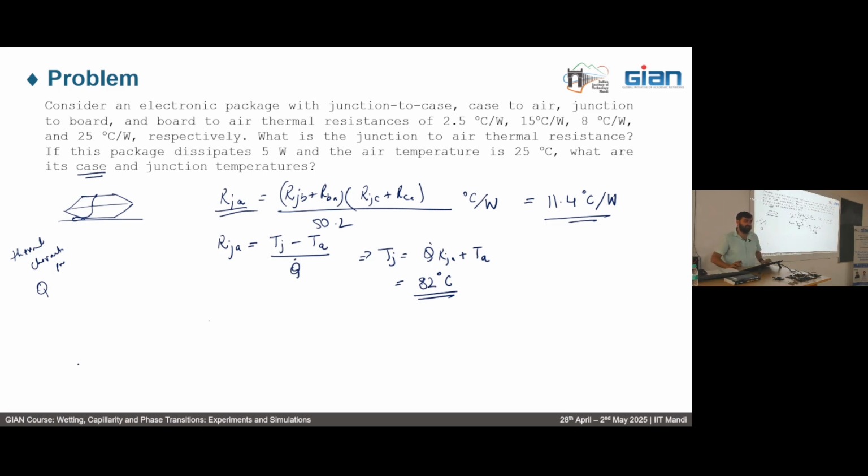So please try to write the equation. How much did you get? 2.5 and 8. Yes, exactly.